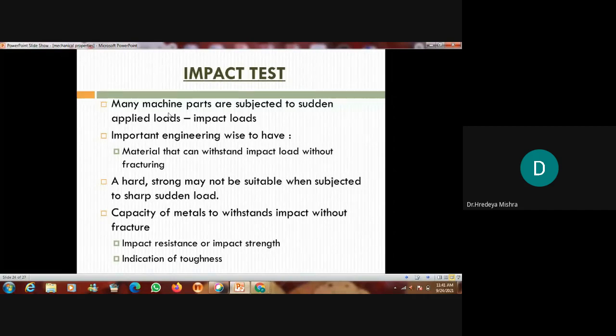Impact means a sudden load is applied on the material or component. The load is increased suddenly.